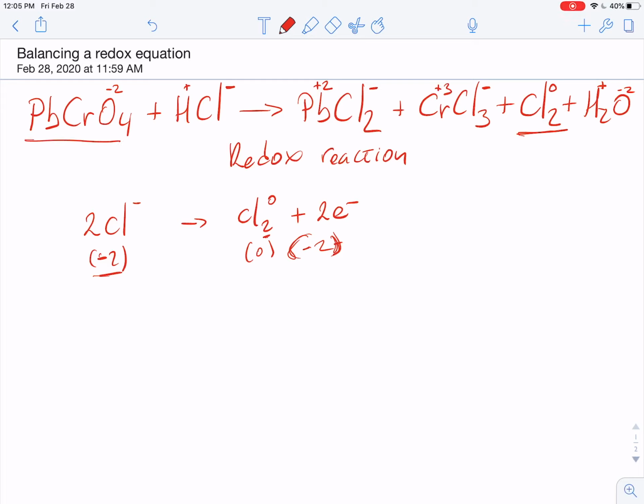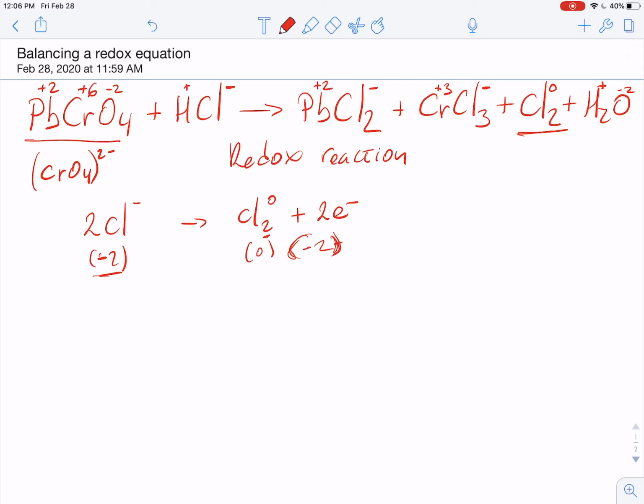Now in this particular compound, the lead chromate, lead is also +2 because the whole charge of the chromate ion is -2, not because of the oxygen but because the whole chromate has a charge of 2-. In that situation you have chromium with a +6. So the oxidation number of chromium there is +6, and on the product side it is +3. So we take the chromium down because it's the one changing.